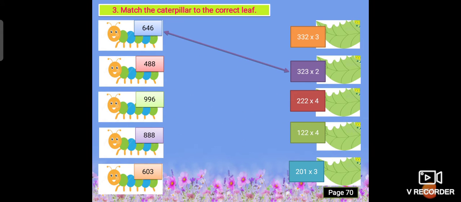Yes, correct, from 323 times 2. 488 comes from 122 times 4. And then 996 came from 332 times 3. And then 888 comes from 222 times 4. And the last, 603, equals 201 multiplied with 3. Yay! Can you see now the caterpillars are happy to find their food.